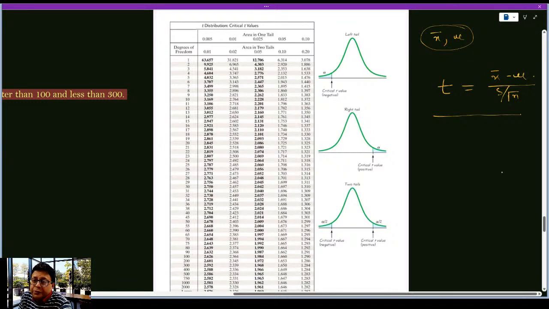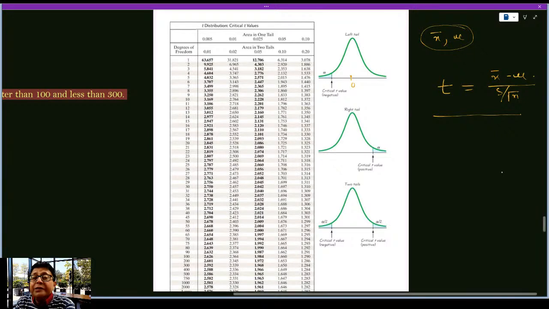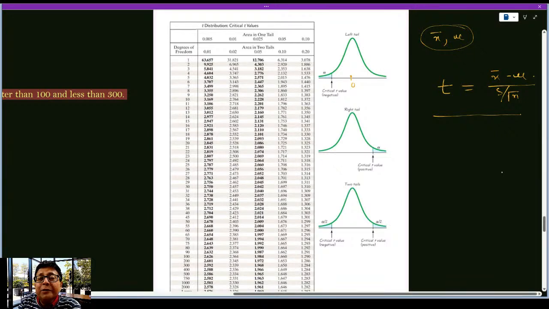You need to see whether this t value is lying on the left part of the graph or on the right part. Left part means leftward of the origin, and this is rightward of the origin. So if the critical t value lies on the left part of the origin, it will be negative. Corresponding region you have to draw there.